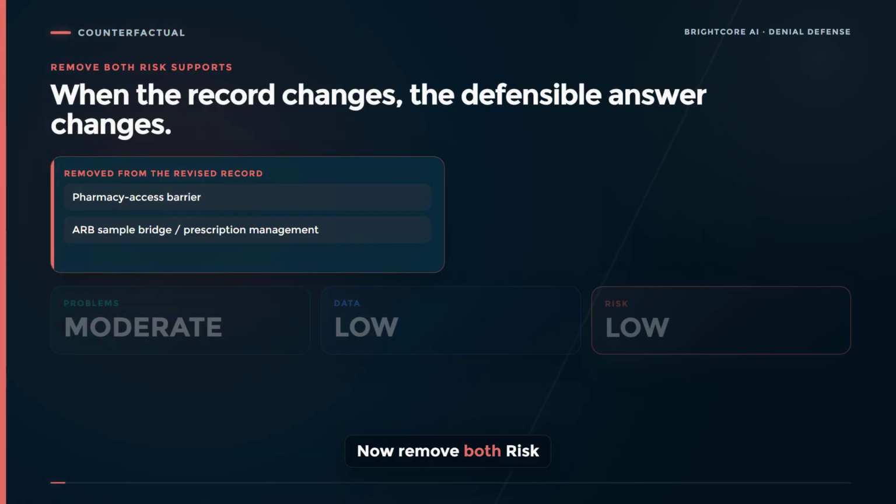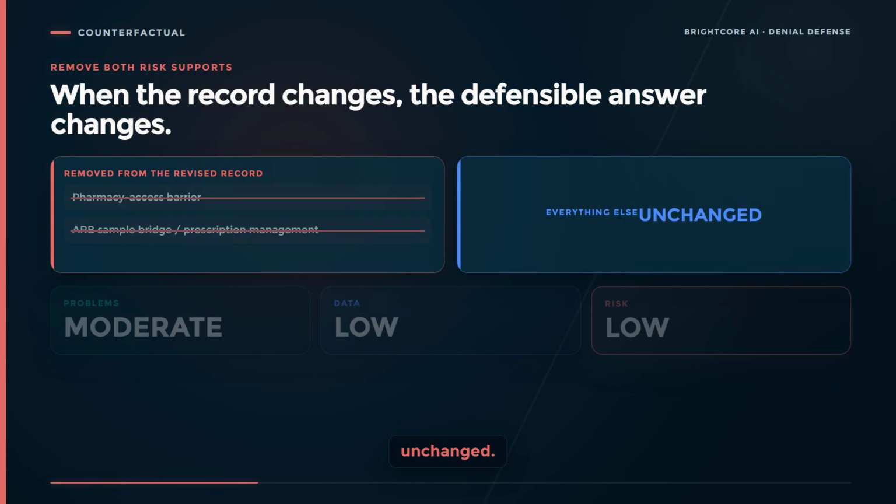Now remove both risk supports from the record. There is no documented pharmacy access barrier and no prescription drug management through the ARB sample bridge. Leave everything else unchanged. Problems remain moderate because 2 stable chronic illnesses were addressed.